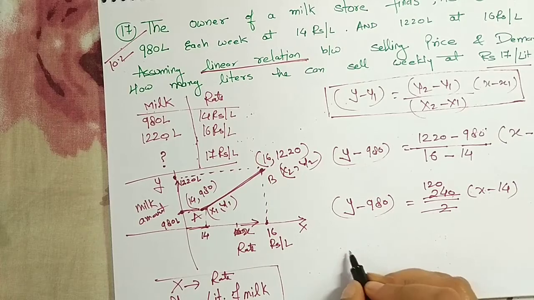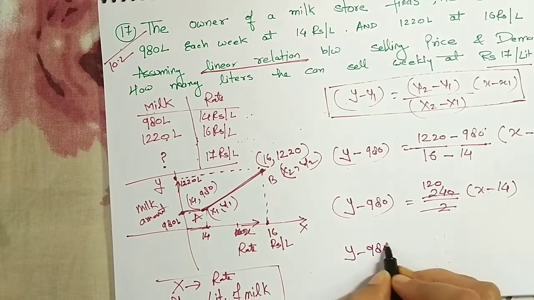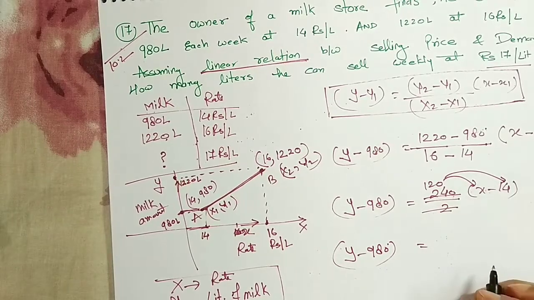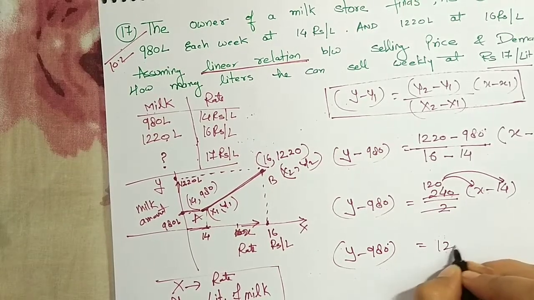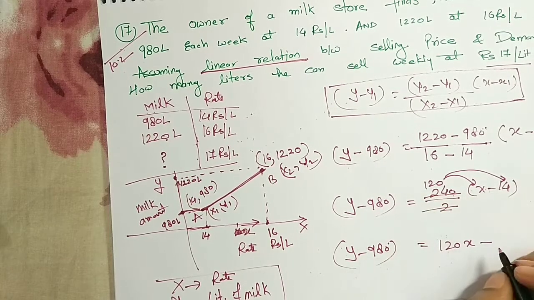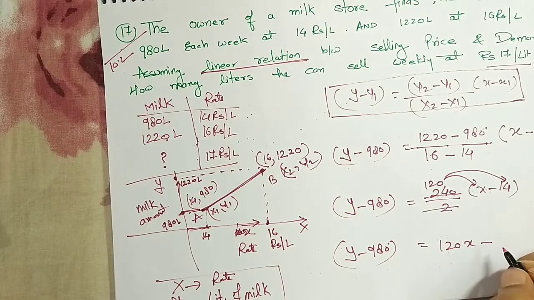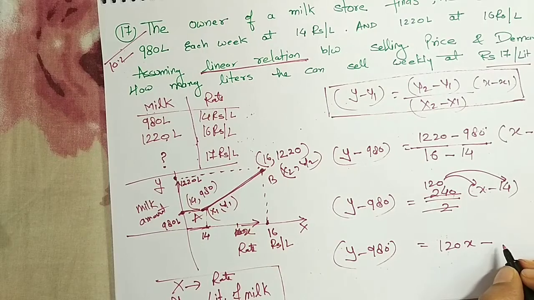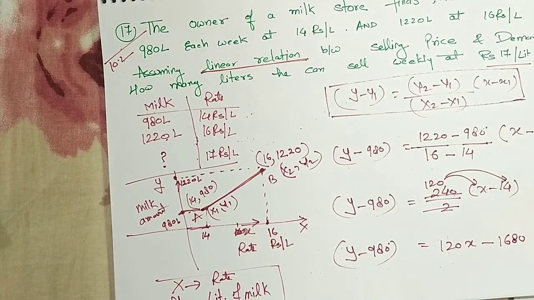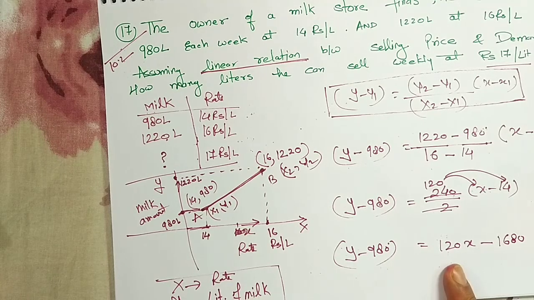So this will become y minus 980 is equal to 120 multiplied here and here. So guys, I can write 120x minus 14 into 120, which is nothing but 1680. Now let me simplify it a little bit.